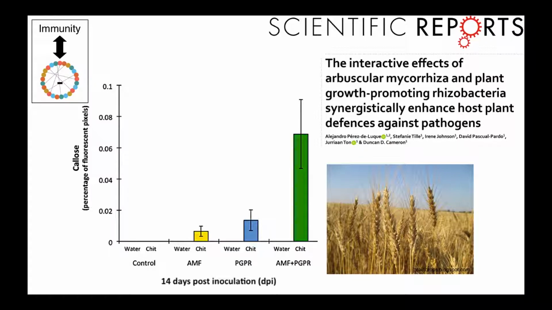Immunity can mediate negative interactions between microbial groups. In this example, arbuscular mycorrhizal fungi and rhizobia increase callose production in wheat, and that has a negative effect on pathogens. It's often referred to as cross-protection.